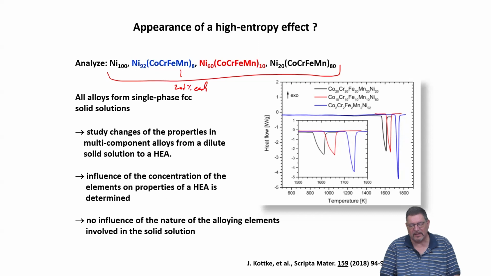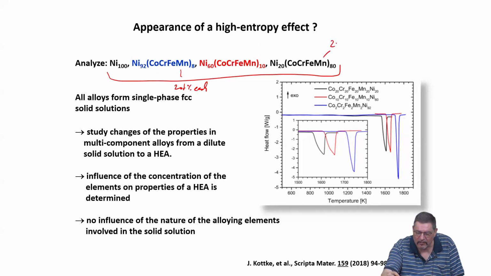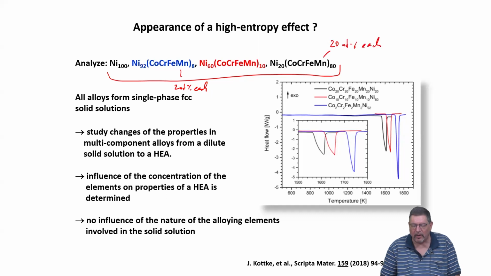And obviously for the Cantor alloy, this is like 20 atomic percent each. And obviously we have to now, for each of the alloys we investigate, look at the microstructure, look at the melting temperatures, which is shown here again, in order to do the diffusion experiment, or analyze the diffusion experiments in the correct way.